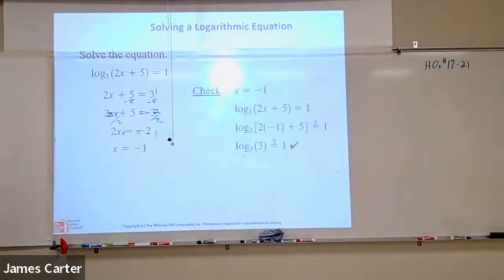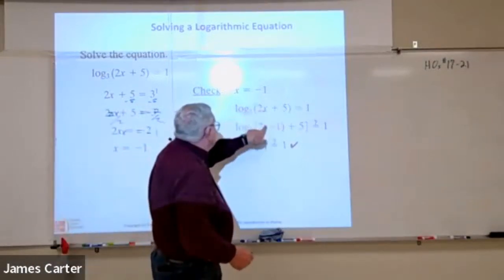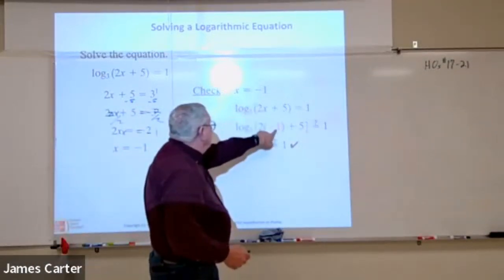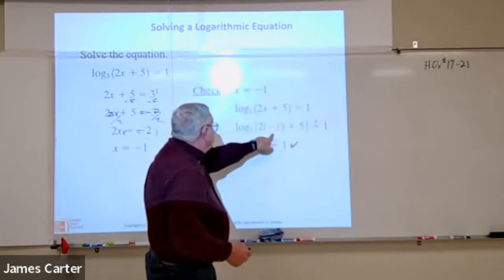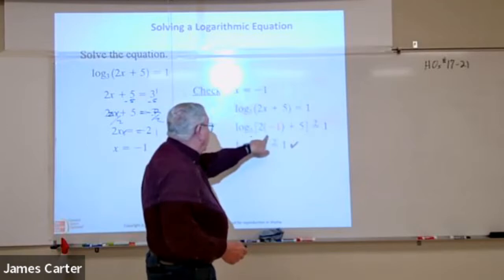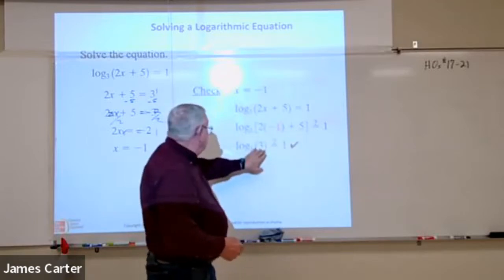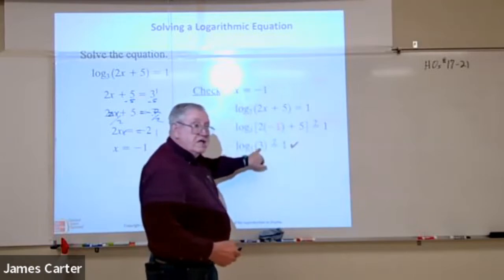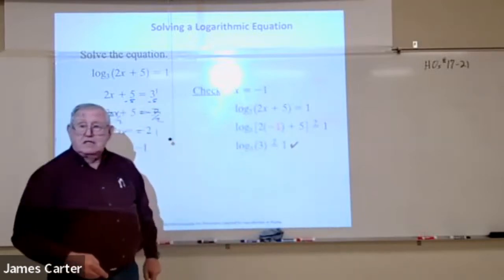Here they're going to actually check it. If x is negative 1, 2 times negative 1 plus 5 equals 3, right? Log base 3 of 3 is 1. So it checks.